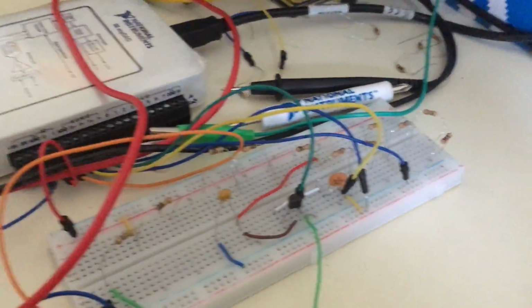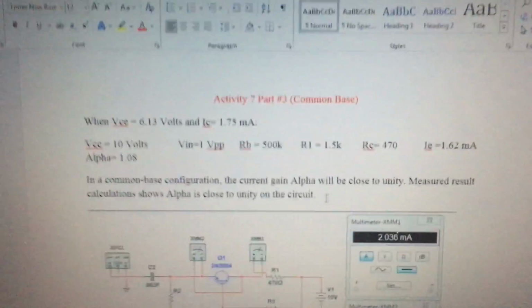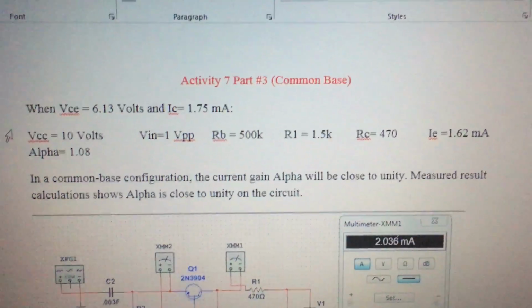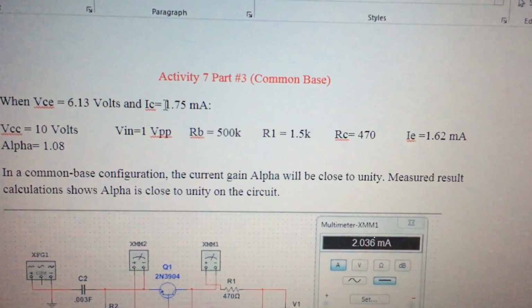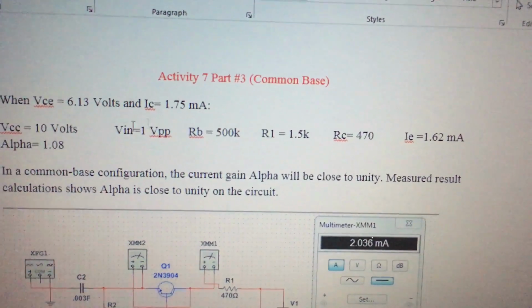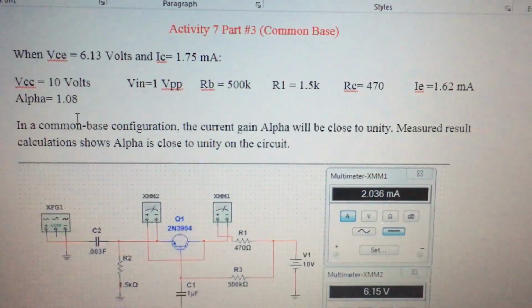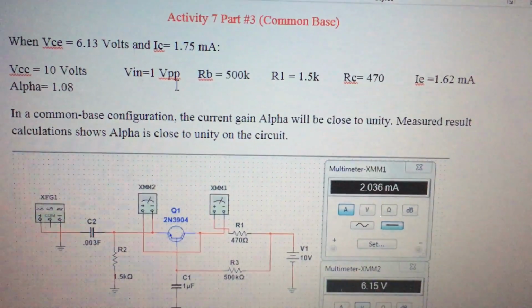And then this is a common base, which I also have still set up here. The collector emitter junction is 6.13 volts. Collector current is 1.75 milliamps. This once again is a 10 volt DC power supply, with a sine wave of 1 volt peak to peak.